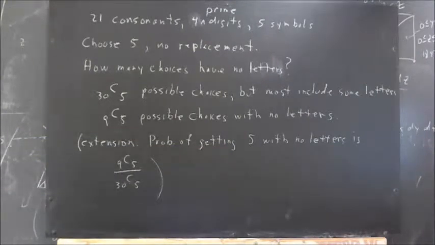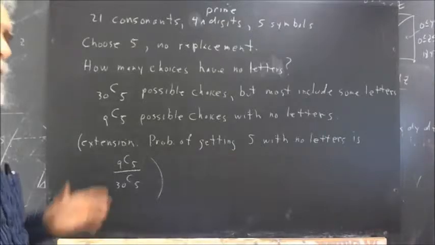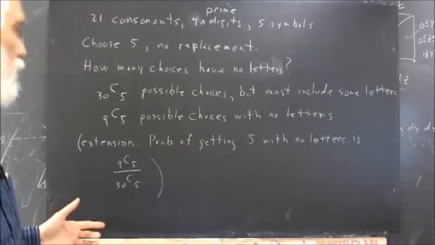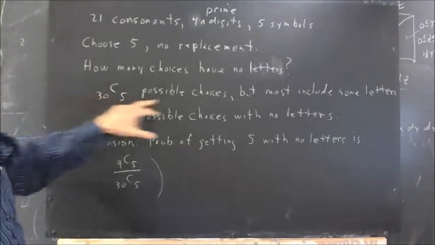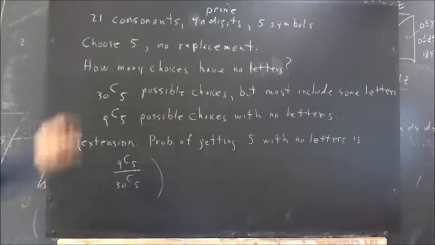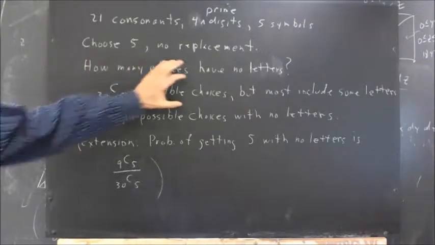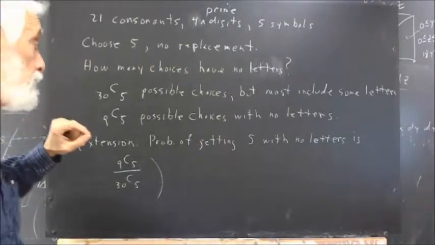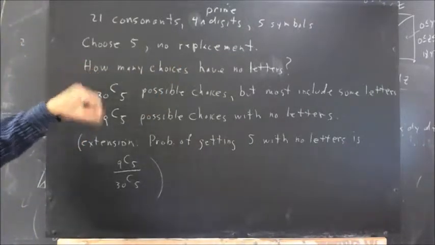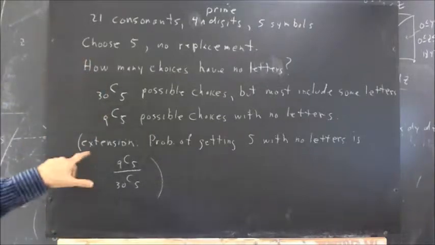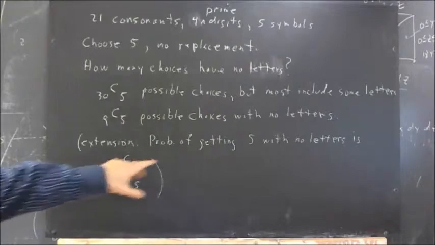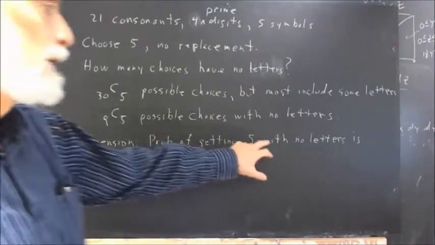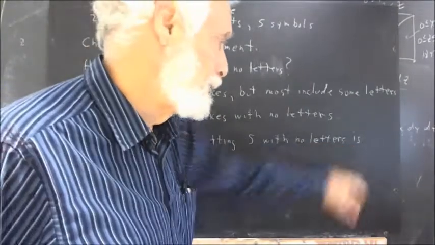Okay? Now, we extend this just a little bit so you can see where this is going. I wrote this down mostly because somebody mentioned this very early, and I realized it was a good idea to have that thought. I also realized immediately that it was going to be possible then to extend this to the upcoming chapter. The extension is the question of what's the probability of getting 5 cards with no letters.